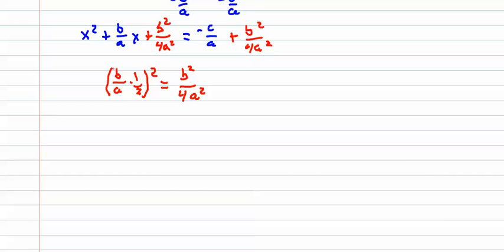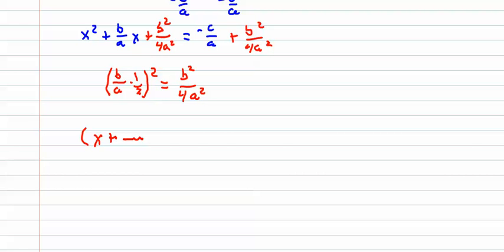Now we factor the left. So we have x plus what? Now, how did we get to b squared over 4a squared?